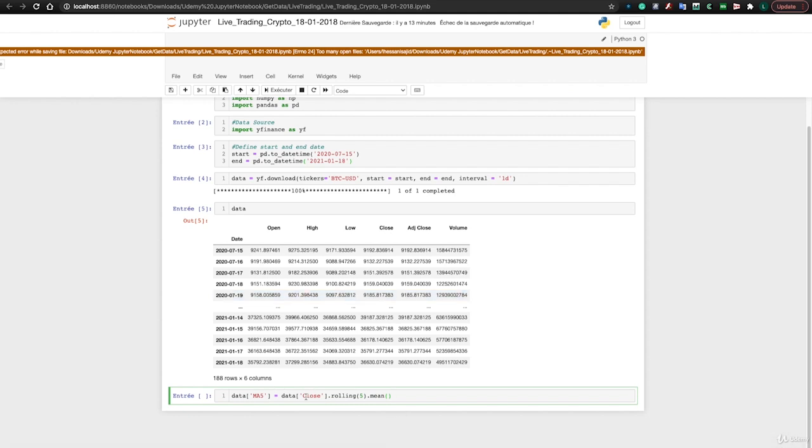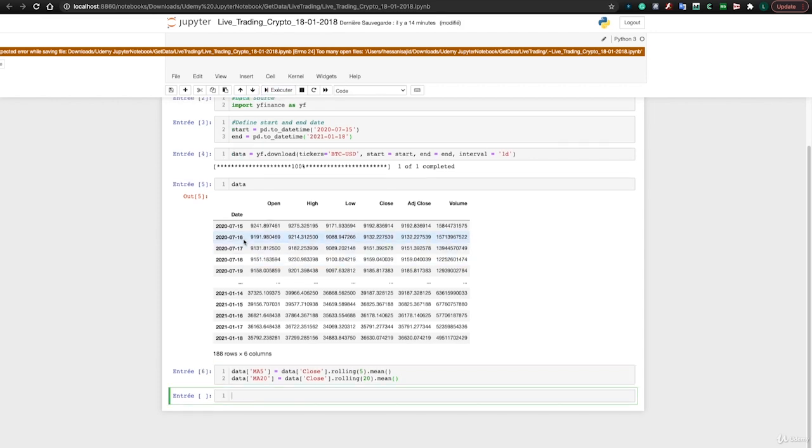Okay, so in order to get the data, you're going to have to define moving average 5 equal to data close rolling 5 dot mean. And you're going to have to do exactly the same for the 20 days period, but the only thing that's going to change is the number 5, which means we are going to name it MA20, rolling 20 and the mean.